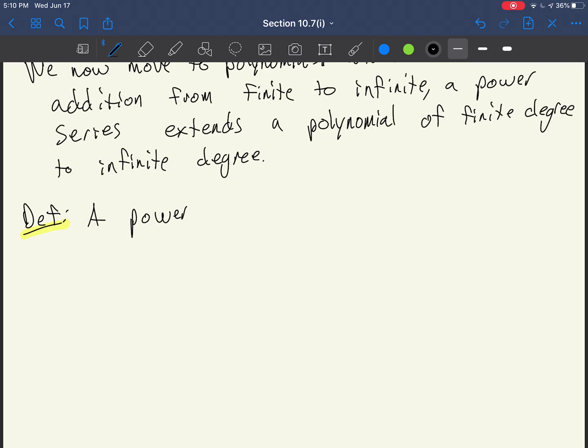Definition: what is exactly a power series? A power series is what we are defining. You have a small little thing that we're also defining here. We're defining this about x equals 0.